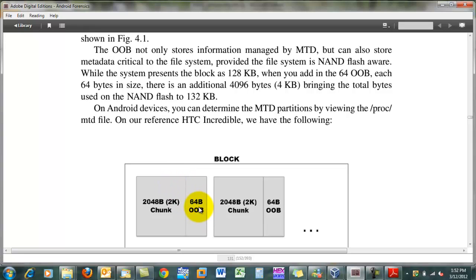So this is called the metadata of the whole chunk. So if there are 5 chunks, there will be 5 OOBs. So this part over here is like overhead where you cannot store any data, but this must be there for the whole block itself. So this is what this whole slide is about.